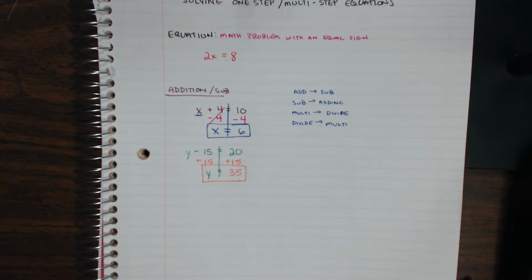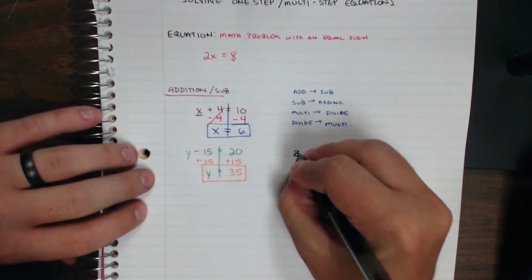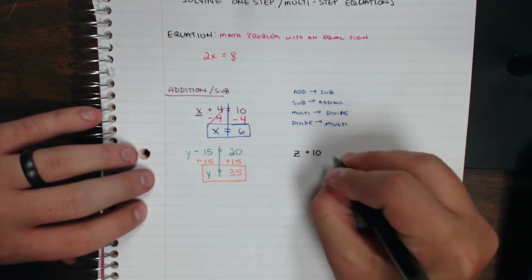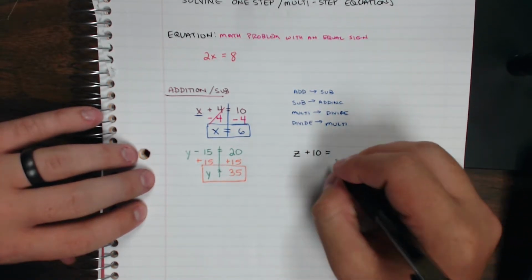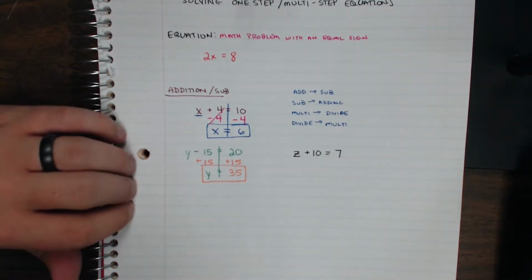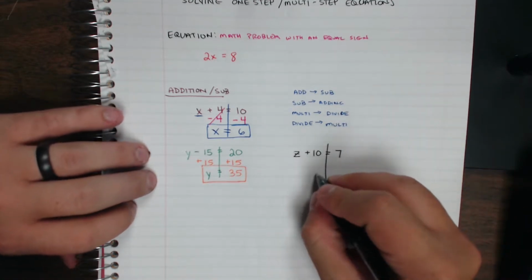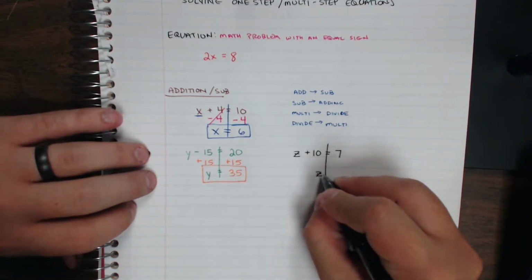Now where this can get a little bit tricky is if you're dealing with negative numbers, turning it from a negative to a positive. For example, if you have z plus 10 is equal to 7. I know in the end I want to have z is equal to something.